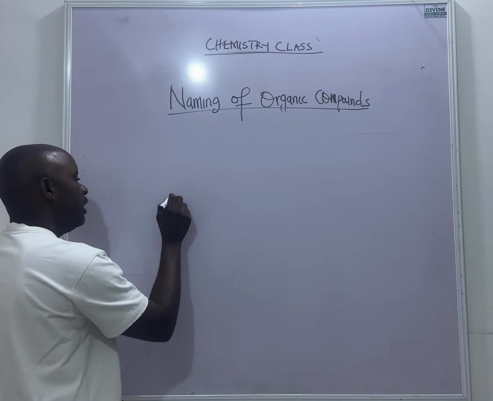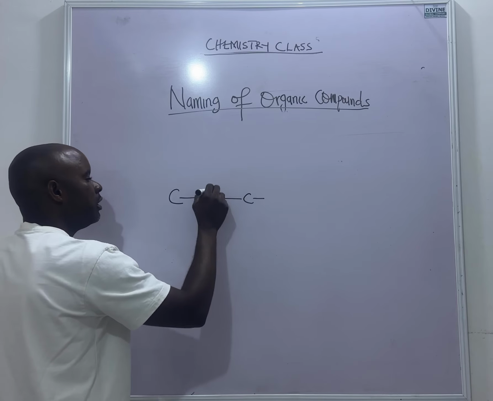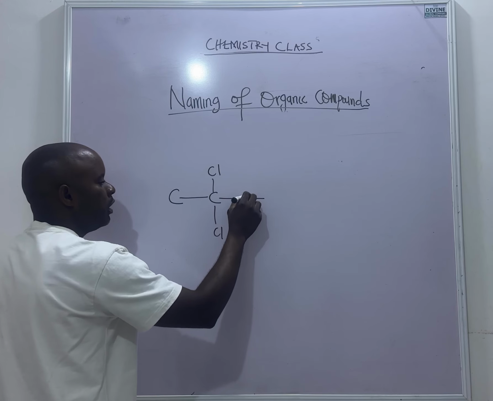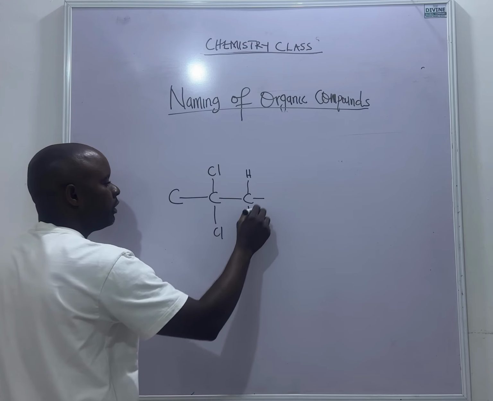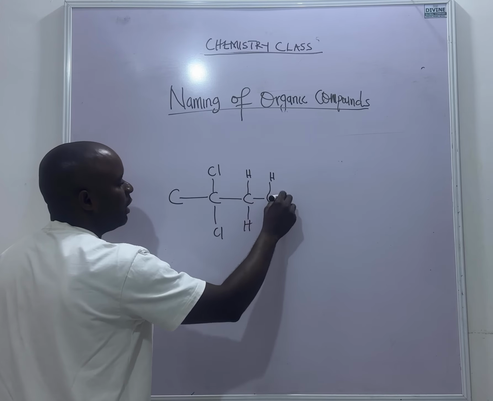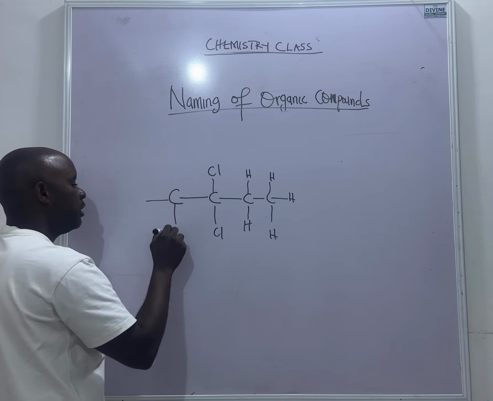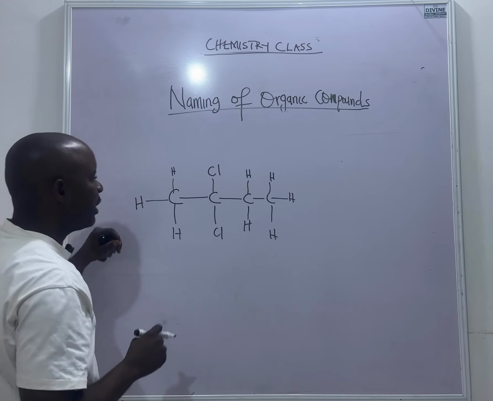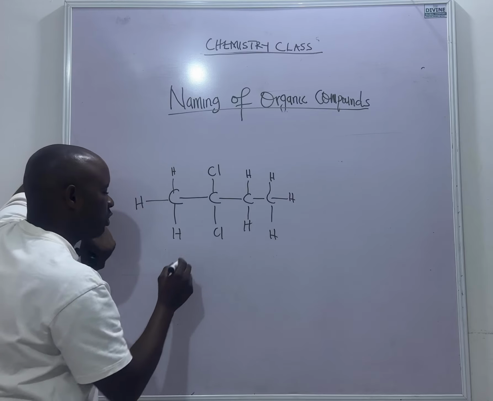Let's say we have chloro, and H. Let's move from simple to complex. If you check this, it contains two of the same substituent, known as chloro.